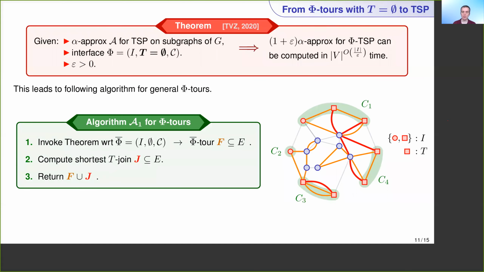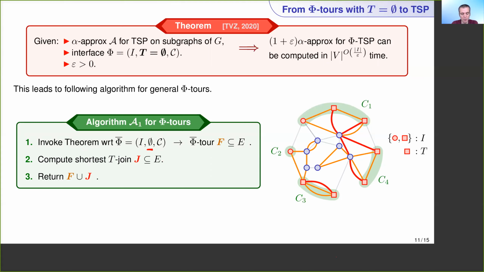And this again leads to an approach of a similar flavor as what we discussed for path TSP. So what we can do for a general phi tour problem is first solve a related problem, the phi bar tour problem, where we simply replace T by the empty set. We can do that by using the above algorithm, the algorithm guaranteed by that theorem.